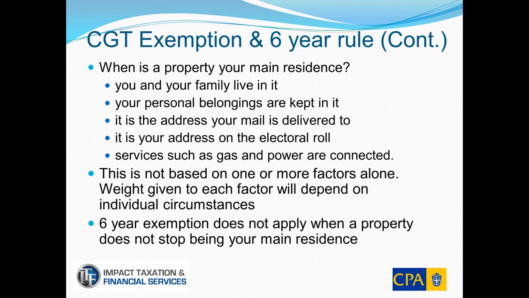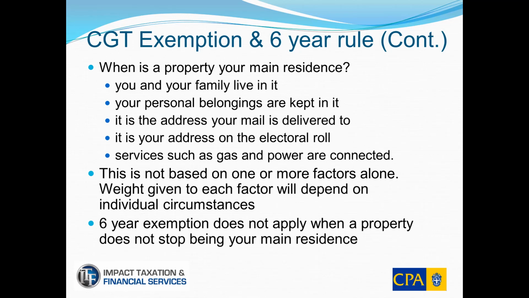Okay, understood. So the next question is, is the CGT exemption applied to overseas buyers? Yes, if you have a main residence overseas as well. It can happen quite often. Sometimes people might have moved from China to Australia, and they might have a property there they want to keep as their main residence. That's possible too.